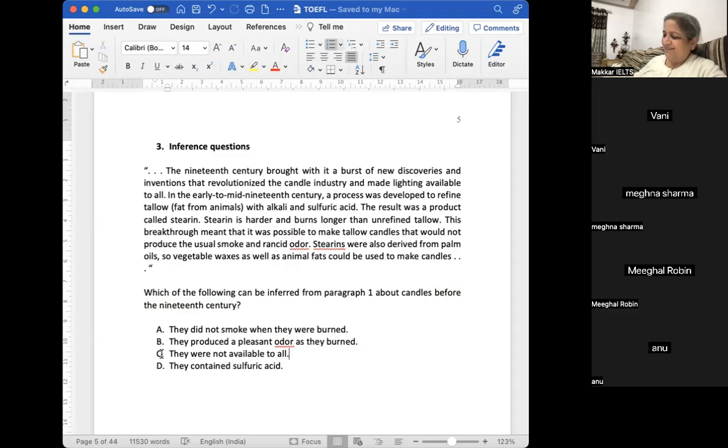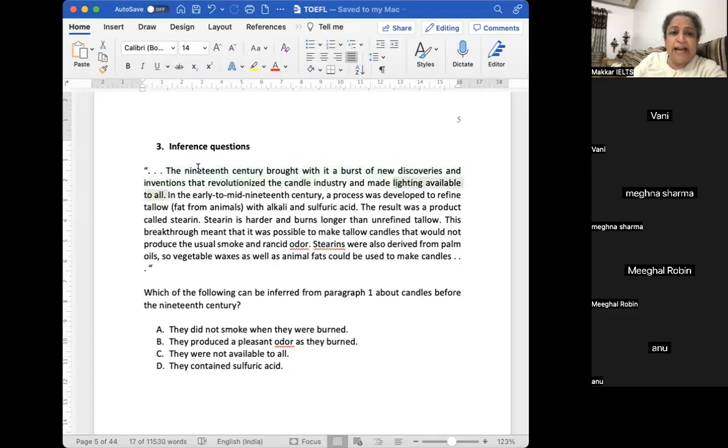Okay. No, ma'am, I didn't understand. Inferred does not mean given. No, infer means the idea is implied. It is not straight away stated. So you have to read the passage and see what has been implied. See, here it is written, the 19th century brought with it a burst of new discoveries and inventions that revolutionized the candle industry and made lighting available to all. So the 19th century brought new discoveries, because of which lighting was available to all.